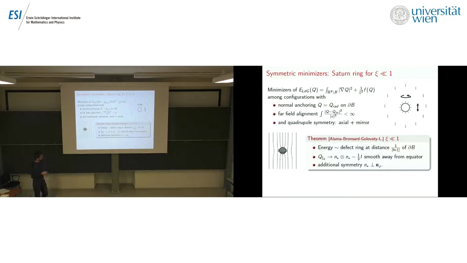And explicitly, what do we obtain? We obtain an asymptotic expansion of the energy, which corresponds to a defect ring, which would be at distance 1 over the absolute value of log ξ of this particle here.